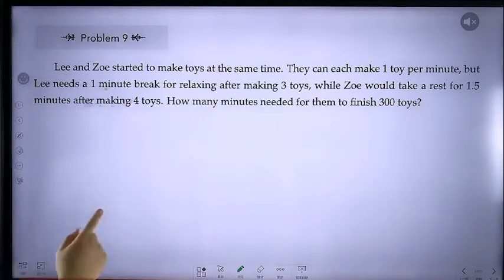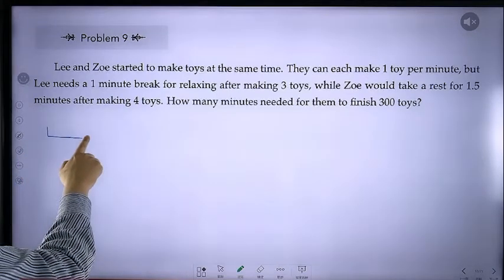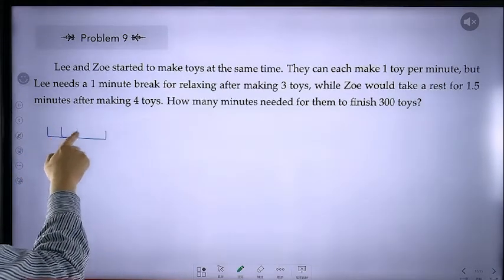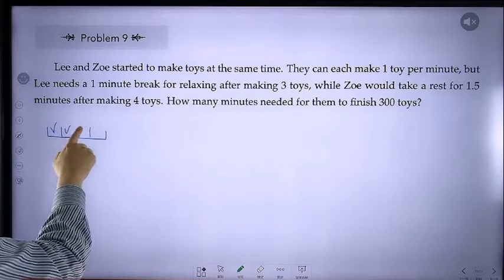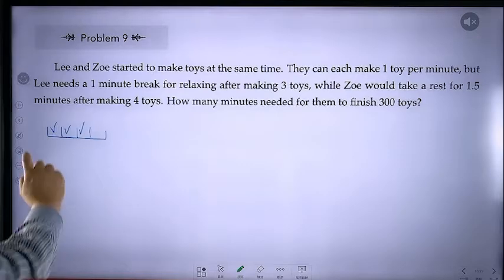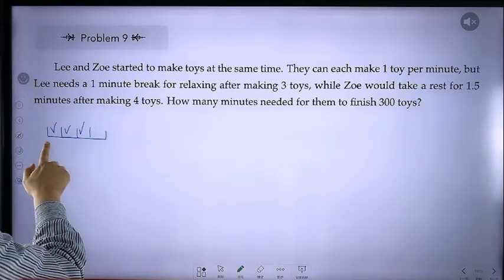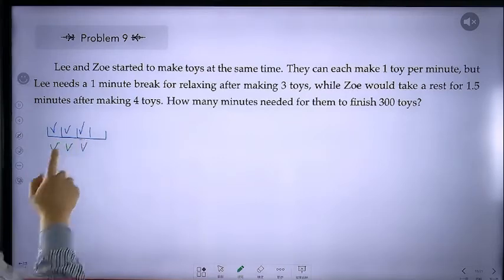Lee needs a 1 minute break for relaxing after 3 minutes. So the situation would be something like that, right? Every 4 minutes he works, and then he rests for 1 minute. And then this thing continues. But for Zoe, the situation is a little bit more complicated. To save some energy for me, I'm going to just continue to write in this picture.